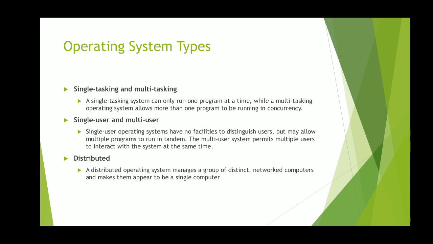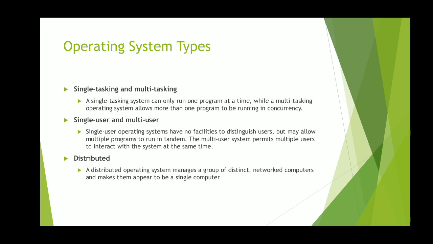But in the case of a multitasking operating system, the operating system permits executing multiple processes or tasks concurrently or simultaneously in a time-shared manner. Here the operating system allocates a portion of the CPU time slices to each process. So each process can run simultaneously in a time-shared manner.